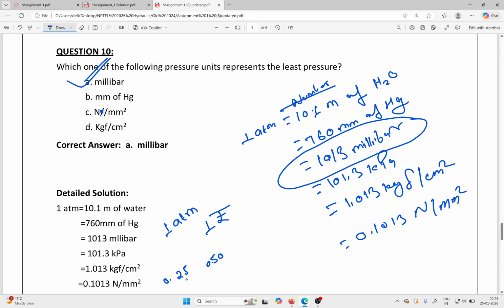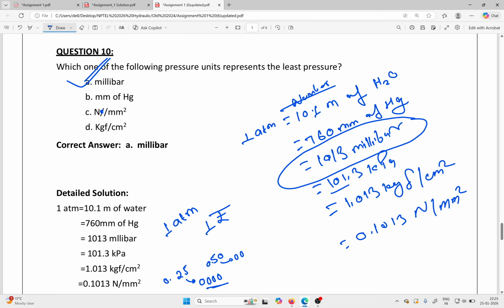So for 0.5, you have two coins, and for 0.25, you have four coins. So the least is for 1 rupee. Similarly, for writing one atmosphere in millibar, you have to have 1013.